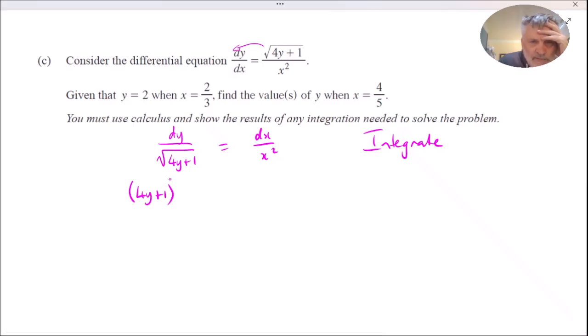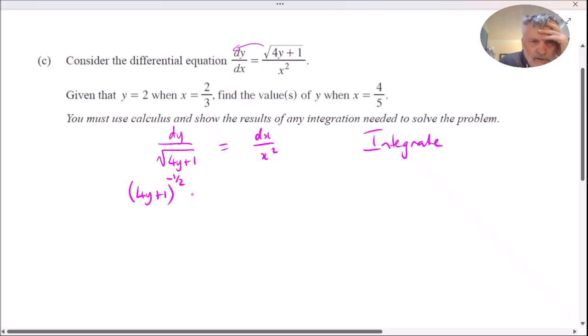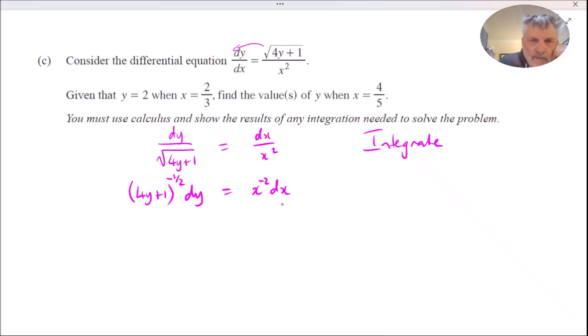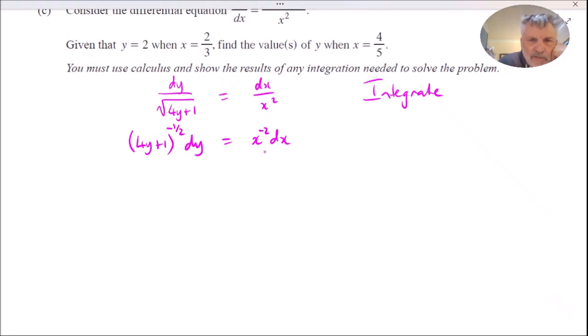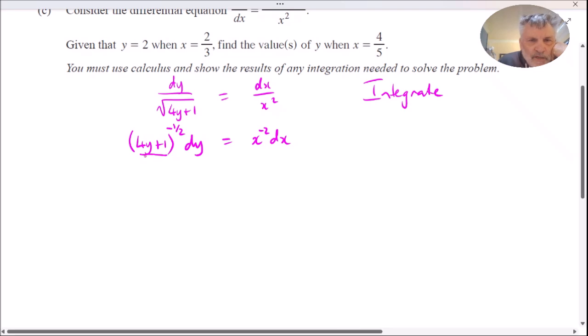It's in the denominator, so it's (4y plus 1) to the negative 1 half dy equals, same with the power here, you could write x squared as x to the minus 2 dx. Maybe it's easier to cope with x to the minus 2 by itself because it's something that we get quite often. So just do normal integration. This is a linear expression inside it again, so we can use our trick of just dividing by 4.